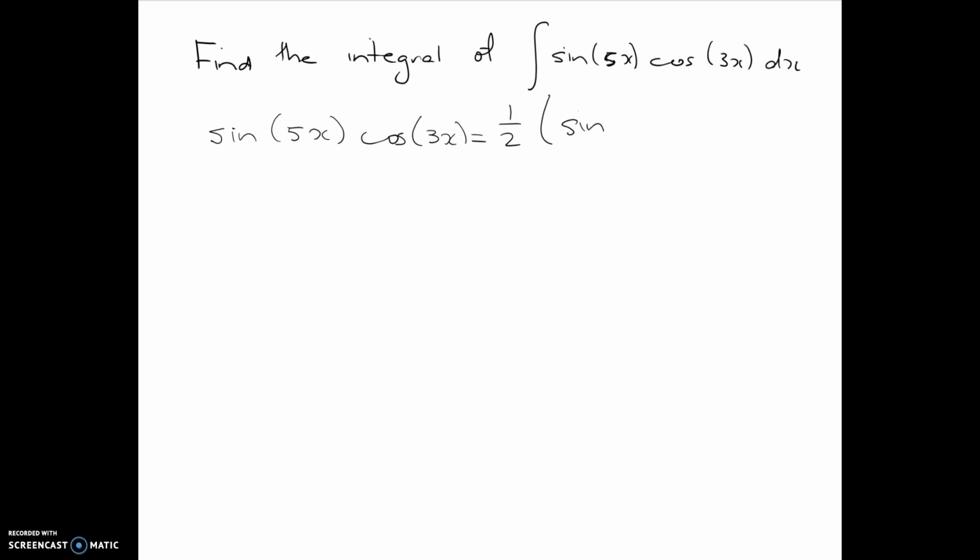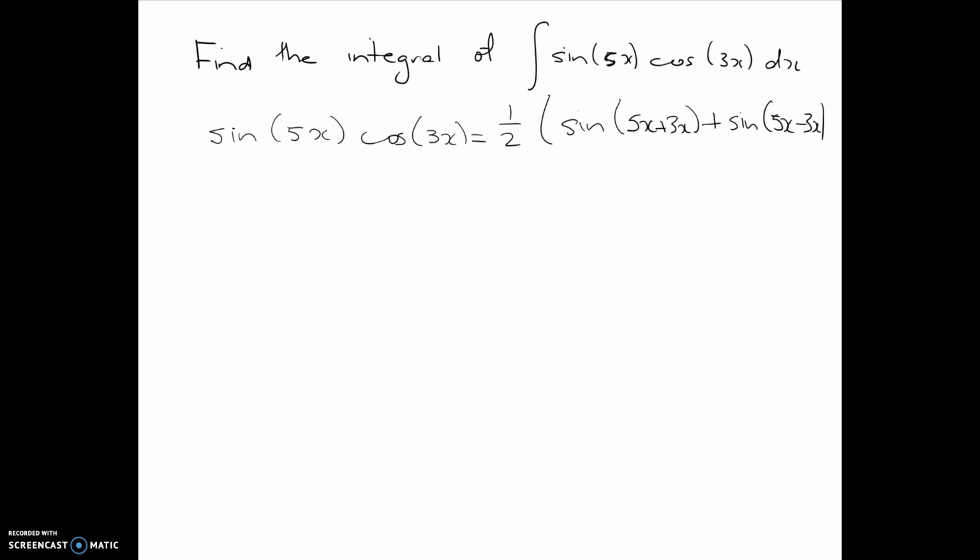The one that I'm using is the sine a cos b identity. I can replace this with half of sine 5x plus 3x plus sine 5x minus 3x.